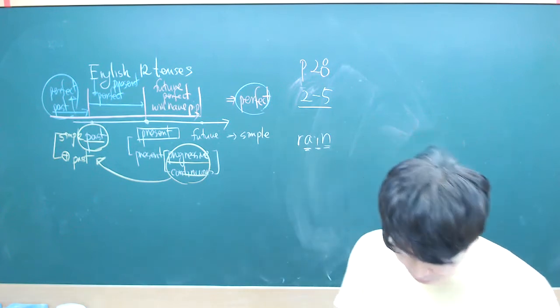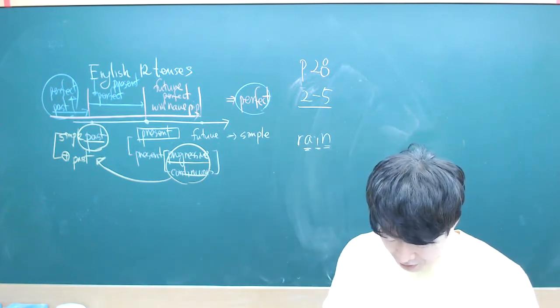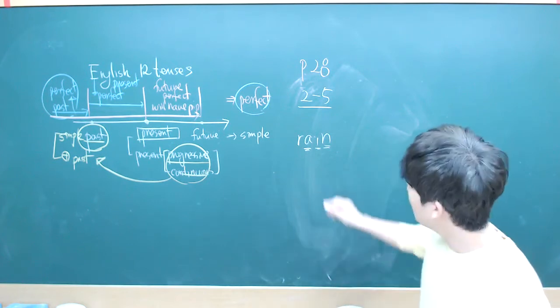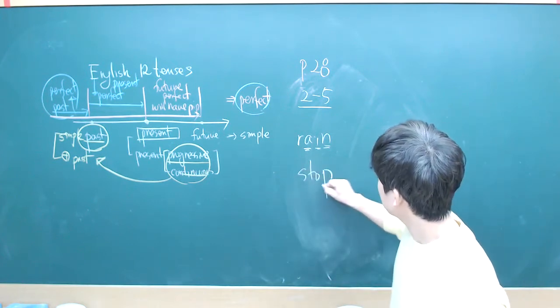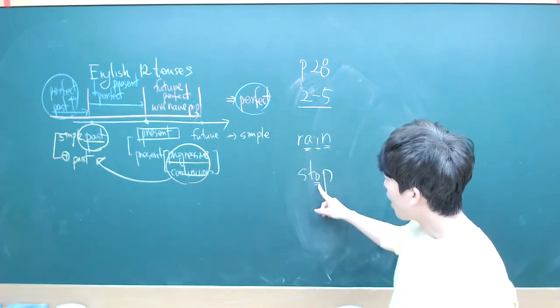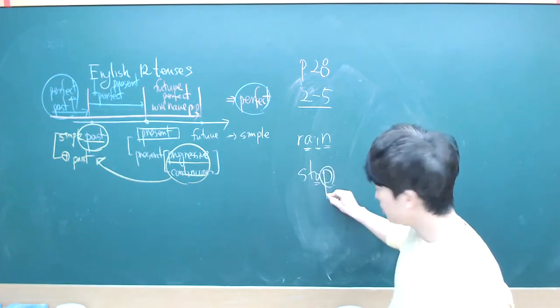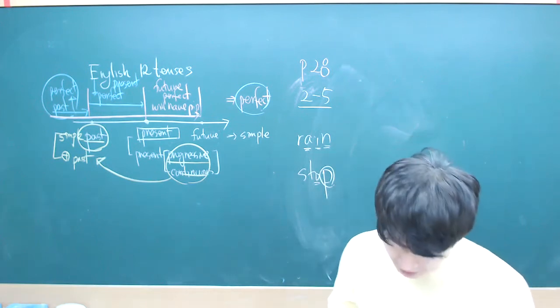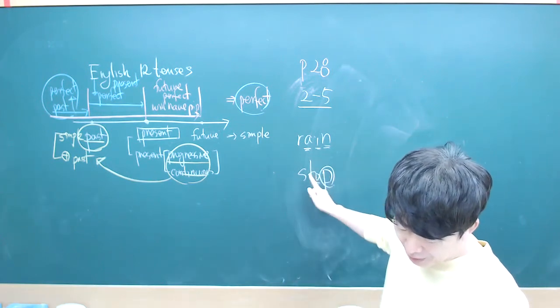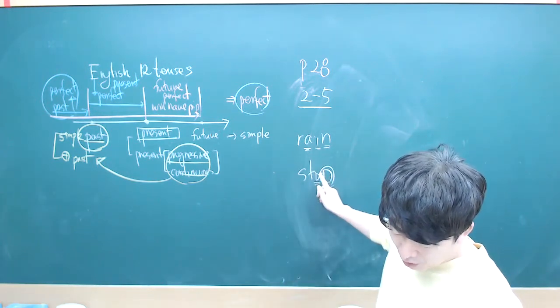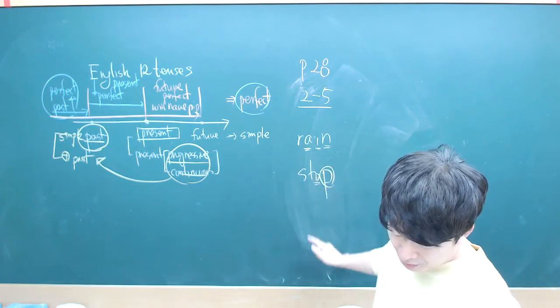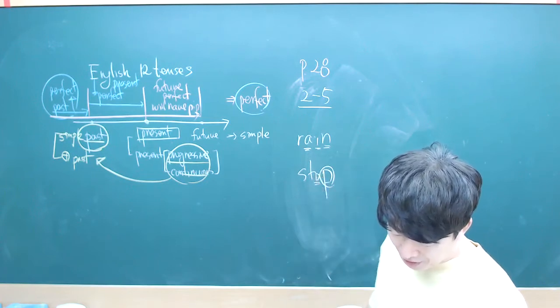The fourth category, one vowel plus one consonant. Stop. There's one vowel, O, in stop, and one consonant. In this case, if the verb has one syllable and ends with one vowel, one consonant, double the consonant to make the ing and ed forms.